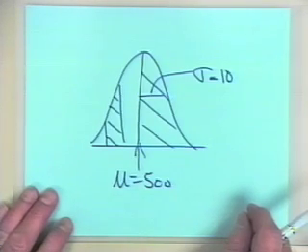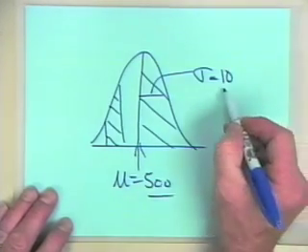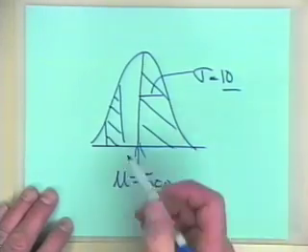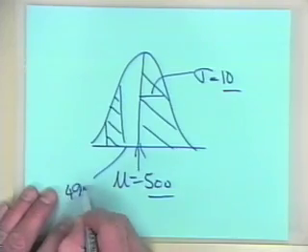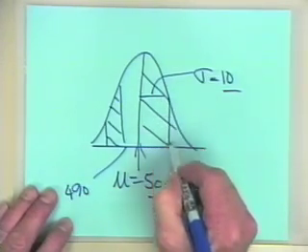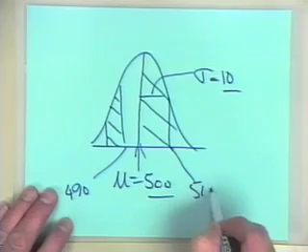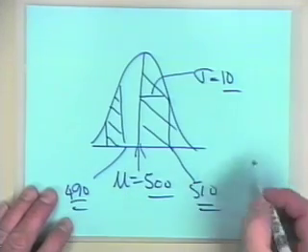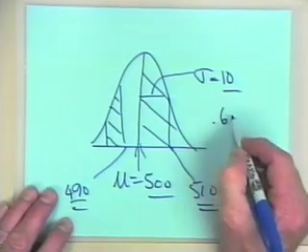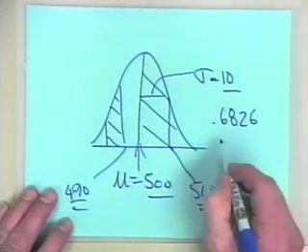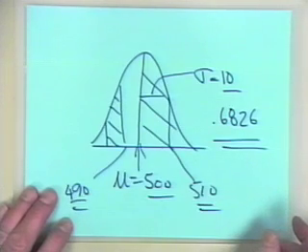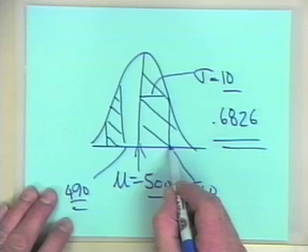If I know the mean and the standard deviation, then I know that between 490 and 510, there are about 68%, or a proportion equal to 0.6826, of all of the scores for some distribution that happen to fall.